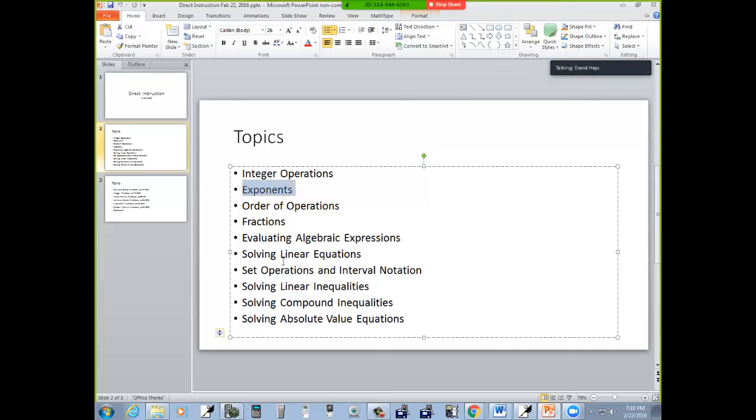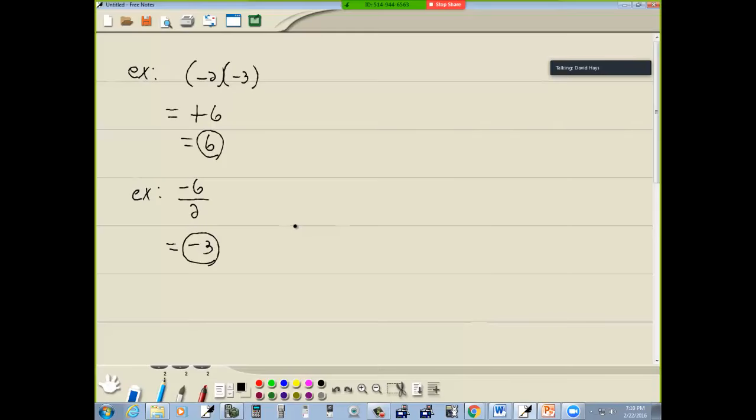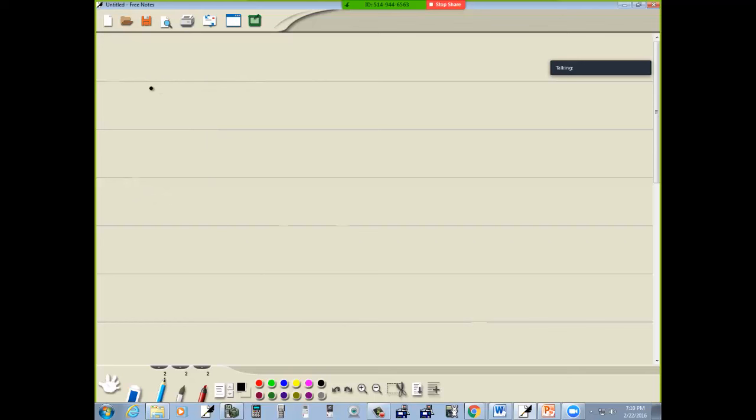Now the second topic we're going to take a look at is exponents. And let me clear that off. If we have 3 to the 4th power, when you got an exponent up here, this is referred to as your exponent. It's also referred to as your power.